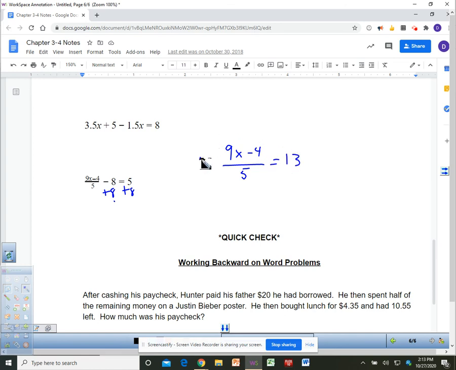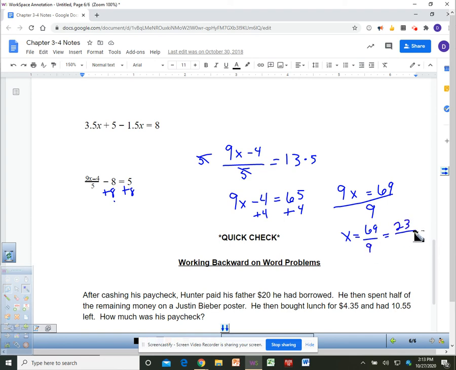Now what I can do is get rid of that 5 by multiplying. So 9x minus 4 equals 65. And we can add 4. So 9x equals 69. Divide by 9. Now we have x equals 69 over 9, which we have to simplify down to 23 over 3. And that would be our answer.